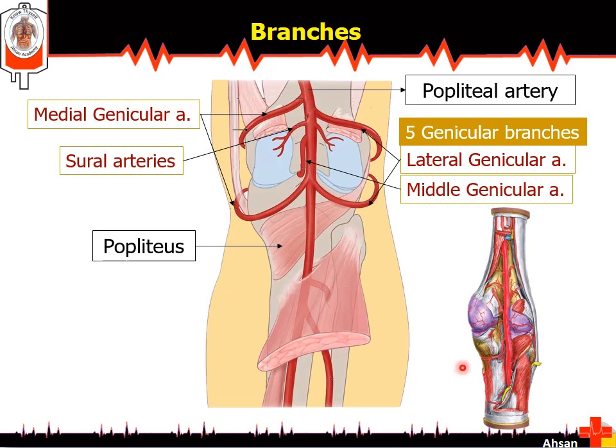These sural arteries are supplying the nearby muscles. So muscular arteries arise from this common sural artery. This may be single or multiple. You can see how the arteries are spreading all around the knee joint. This is the termination point.